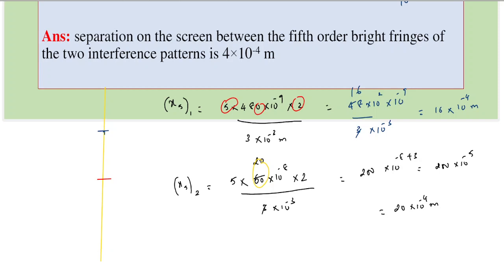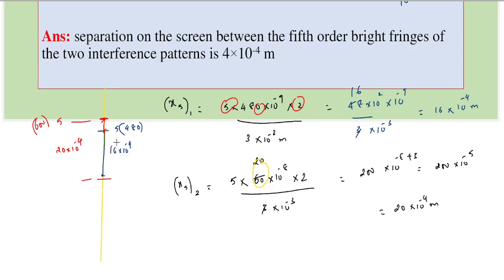If you look at this as 480 nanometer, this distance is 16 into 10 power minus 4, the fifth for 480 nanometer. And then for the other color, which is 600, we get somewhere here. So this distance is 20 into 10 power minus 4. It's again the fifth bright band because of 600 nanometer.